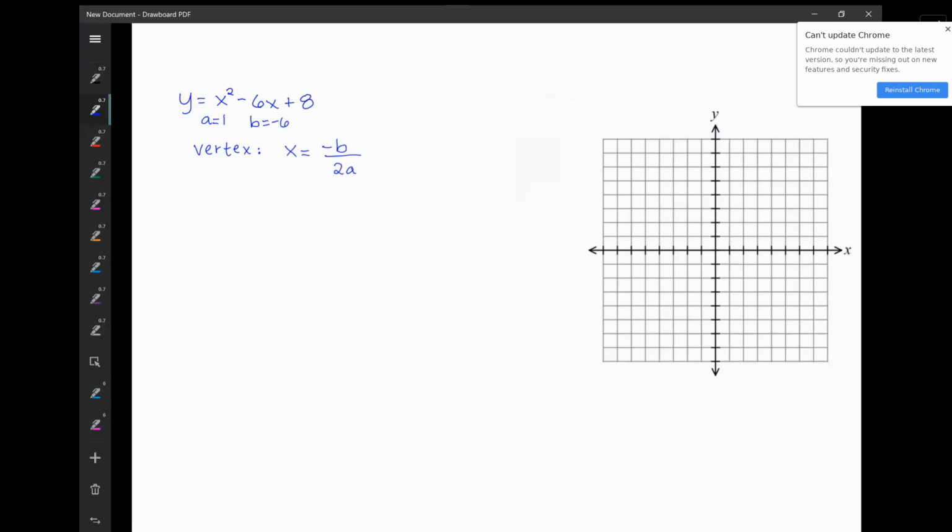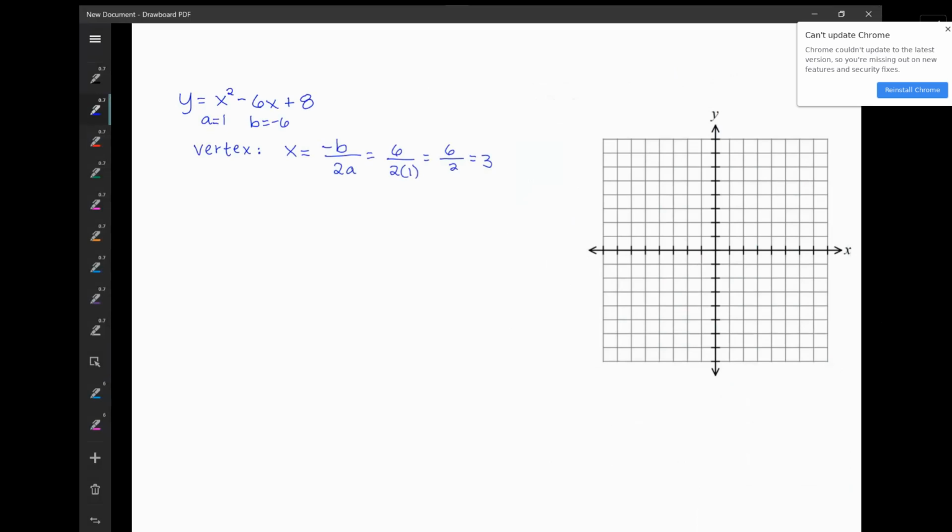Now, we want negative b, the opposite of b. The opposite of negative 6 is positive 6, over 2 times a, 2 times 1 would just be 2. So 6 divided by 2 gives me 3. So the x-coordinate of the vertex is 3.